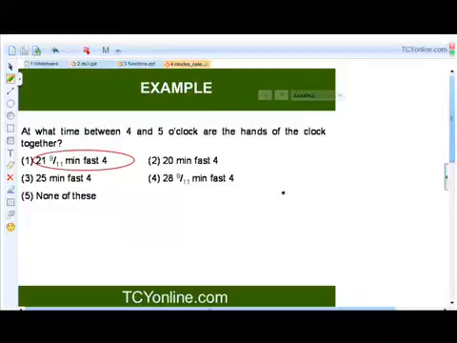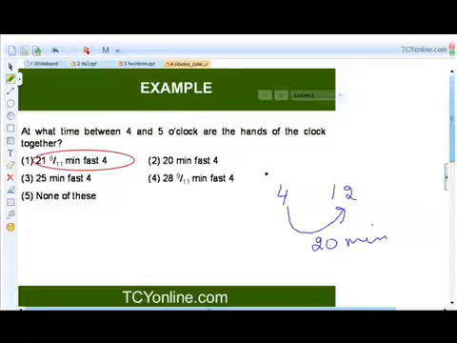Have a look at this question. At what time between 4 and 5 o'clock are the hands of the clock together? Now there are different ways to do this question. Let's look at the very first way. At 4 o'clock, the hour hand is at 4 and the minute hand is at 12. It means that they are 20 minute spaces apart.